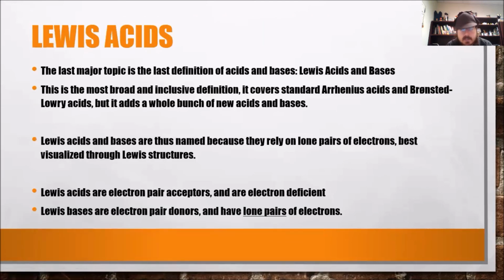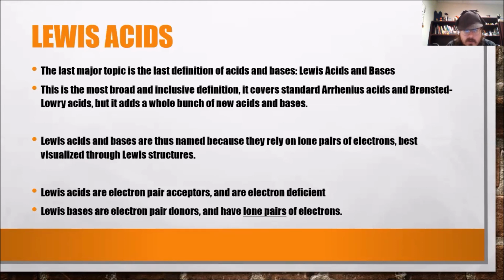The last topic is Lewis acids. Lewis acids and Lewis bases are just one more extension on the acid-base theory, just a different way to think of acids and bases. With Bronsted-Lowry acids and bases, we looked at an acid as something that loses a proton, and a base as something that gains a proton.